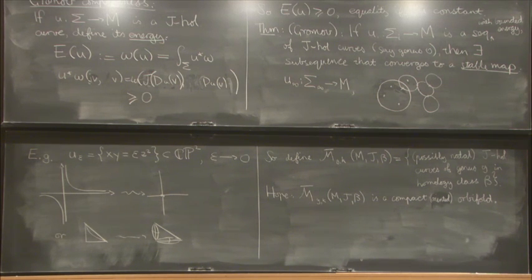So it's got evaluation maps. Our curves came with these k marked points sitting on them. We define the ith evaluation map of our curve to be evaluating the curve at this ith marked point.